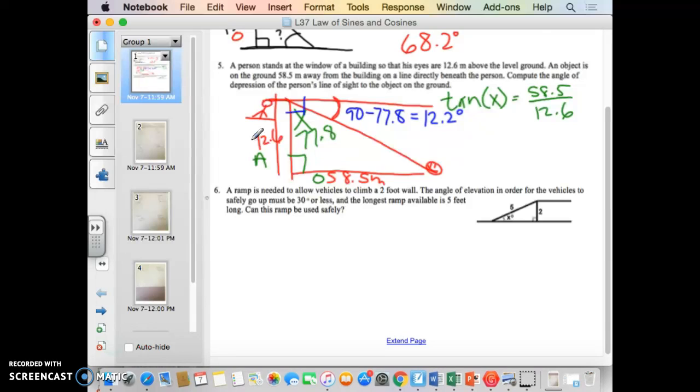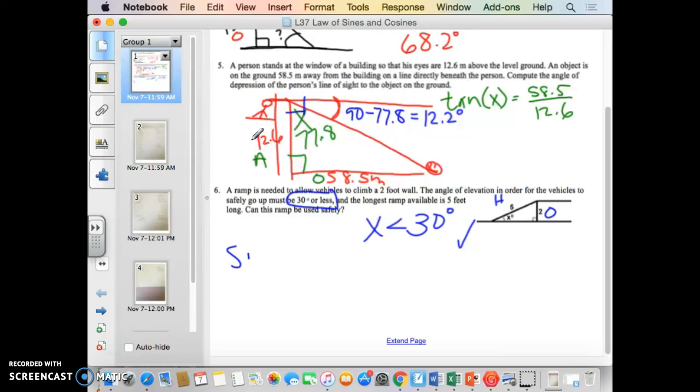Okay, a ramp is needed. They drew the picture for me. How long does the ramp have to be? Okay, so we're testing this. It has to be 30 degrees or less. So we need to find if x is less than 30 degrees, then the ramp is good. So how do we do that? Well, we're looking from here, so this would be opposite over hypotenuse.